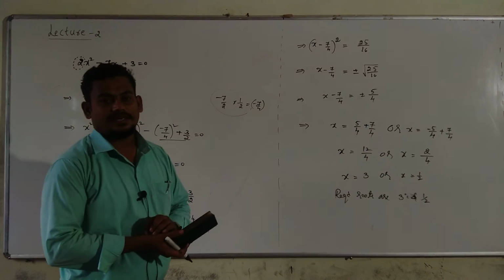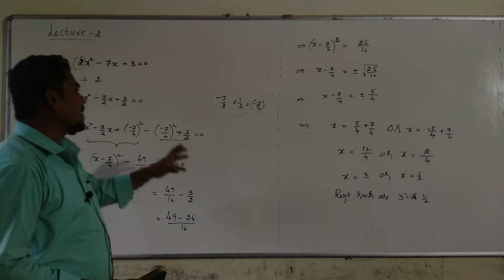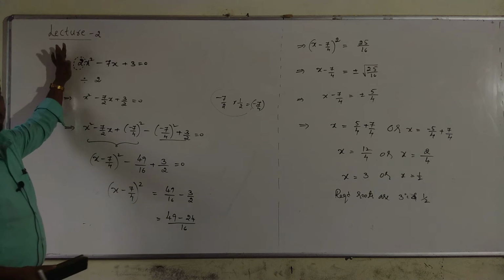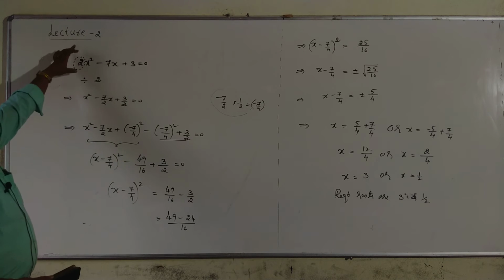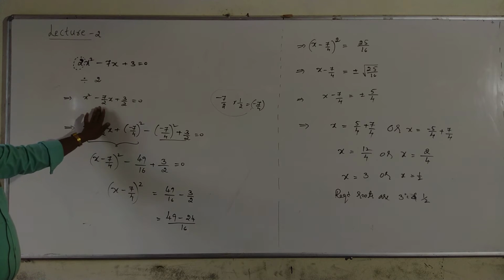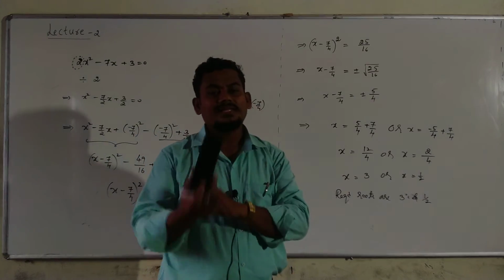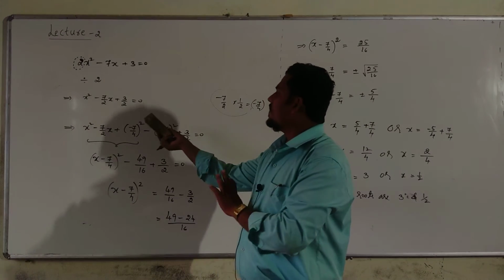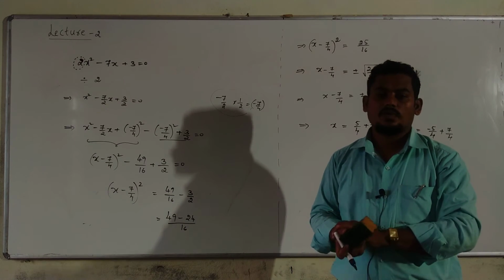Once again, I will explain how to solve the given quadratic equation by completing the square. First step, make the coefficient of x square as 1. In the second step, take half of the coefficient of x. In this case, the coefficient of x is minus 7 divided by 2, and its half is minus 7 divided by 4.